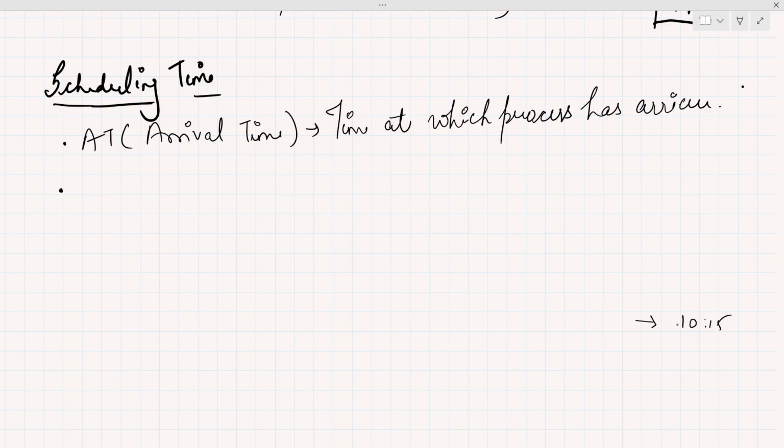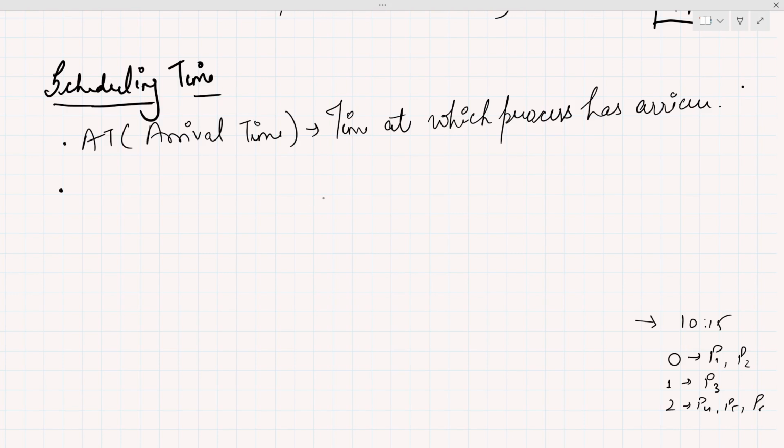Remember this as well: the arrival time of many processes can be the same, and the arrival time of many processes can be different. For example, if the arrival time is 0, we can have two processes, P1 and P2. Arrival time is 1, we have only one process, let's say P3. Arrival time is 2, we have P4, P5 and P6. So at the same arrival time we can get many processes.